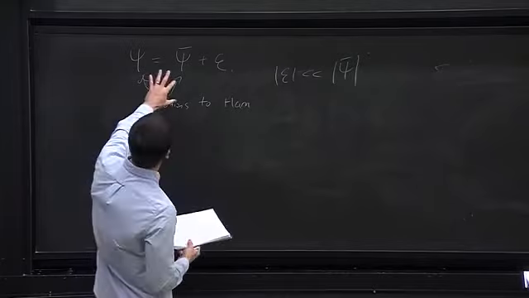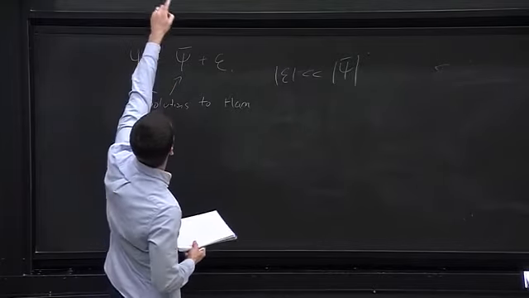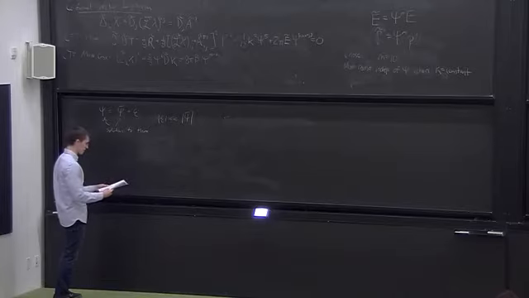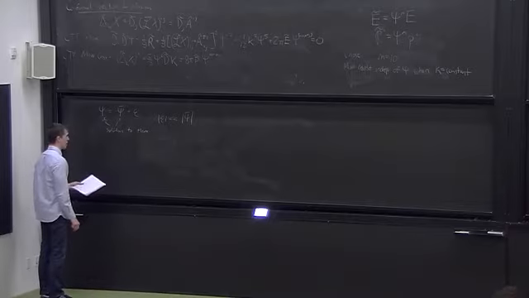So if we just do an expansion of our CTT Hamiltonian constraint to leading order in epsilon, we get the following.